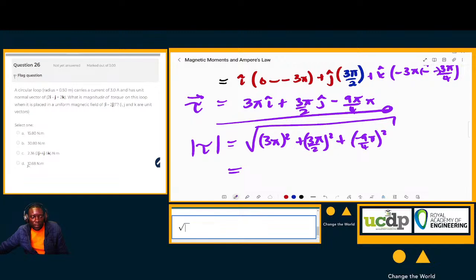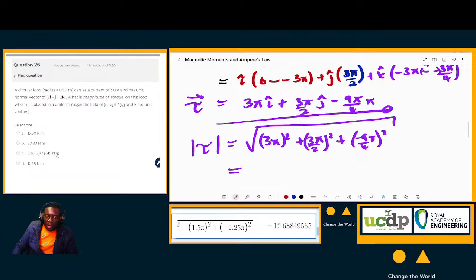So we have the root of, open bracket, 3 pi, close bracket, squared, plus 3 over 2 pi, which is 1.5 pi, close bracket, and squared, plus, open bracket, negative 2.25 pi, close bracket, and squared.